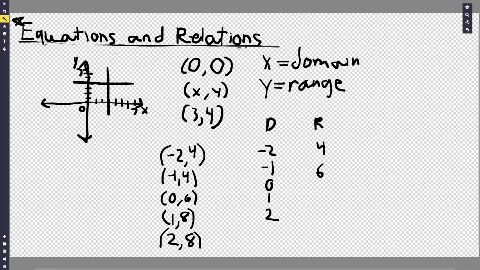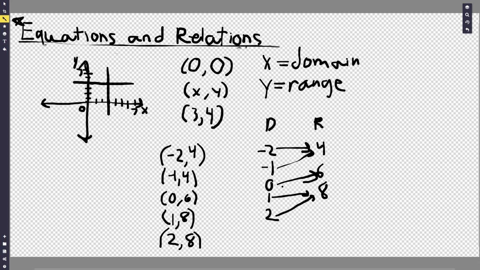Mapping is basically drawing arrows between the two so we can see the correlation. The 0 goes to the 6, and the -1 and the -2 go to the 4. This is how we can see the correlation between the two.